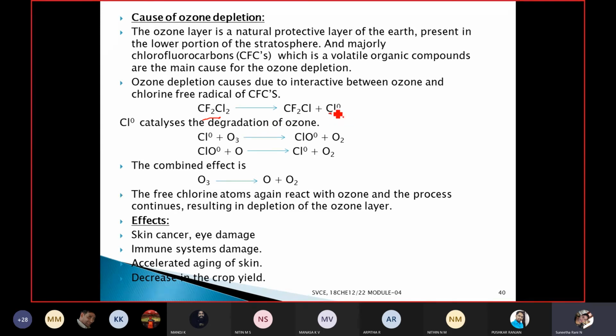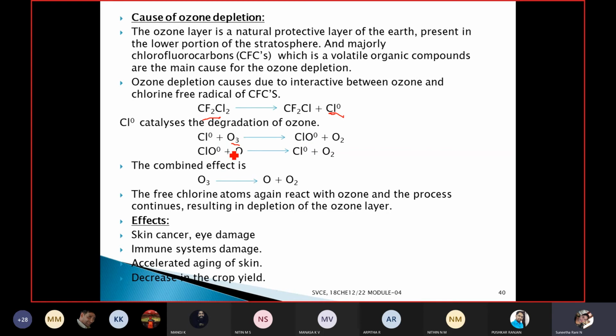So this Cl free radical has a free atom. It reacts with the ozone and degrades it. Catalysis takes place here. As soon as this Cl radical is released into the atmosphere, it reacts with ozone to give ClO.